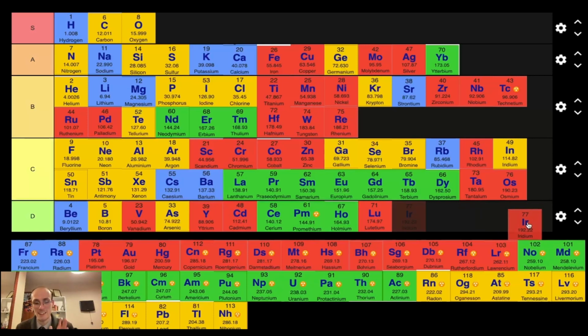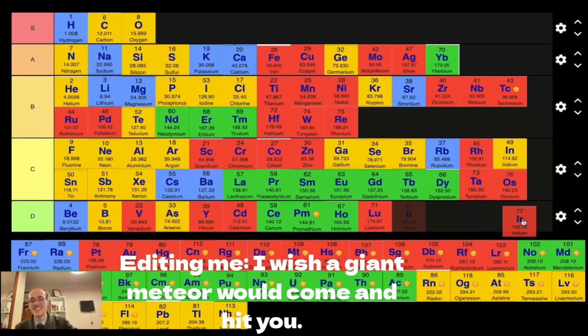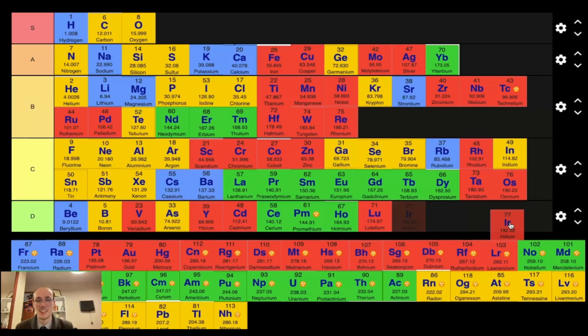And the important thing about iridium is that there is a very high concentration of it in the Cretaceous-Paleogene boundary within the layers of the Earth's crust, which is a strong indicator that this layer was made by a giant asteroid or meteor coming down from space and hitting the Earth 66 million years ago, killing all the dinosaurs. Everyone loves dinosaurs. Iridium can go in the A tier.